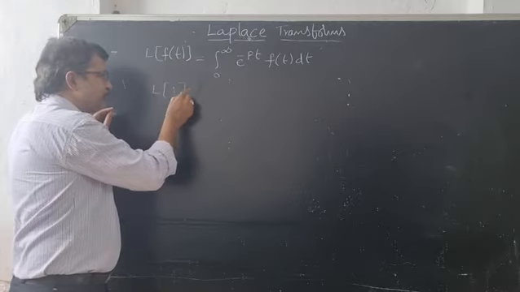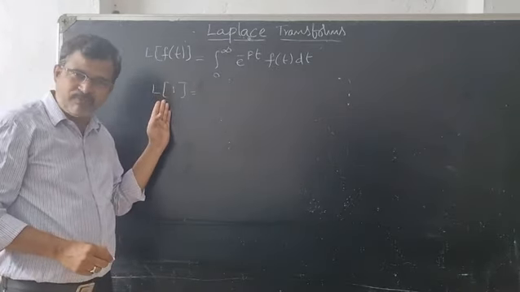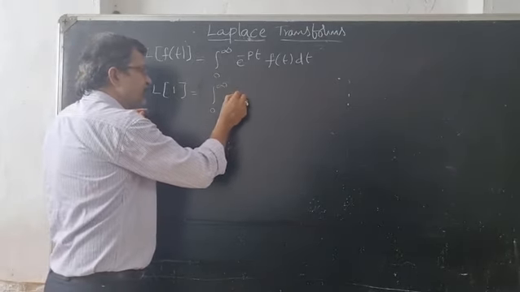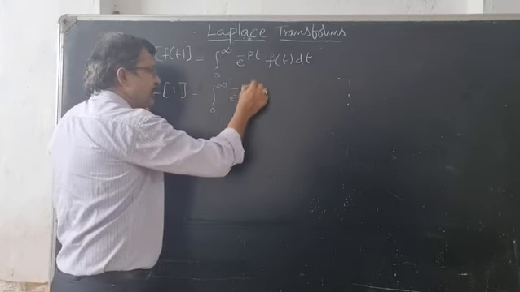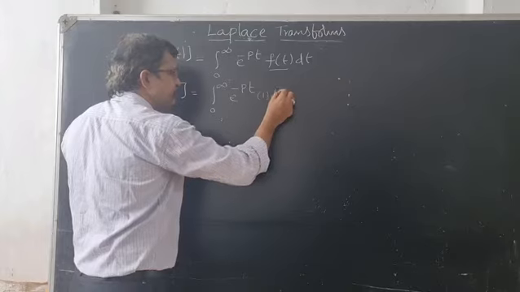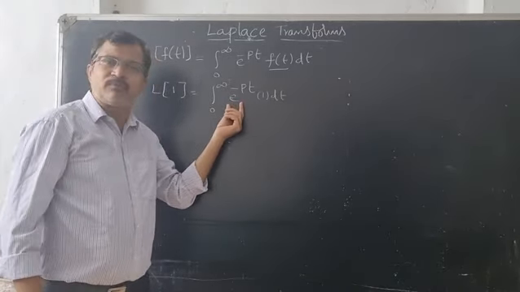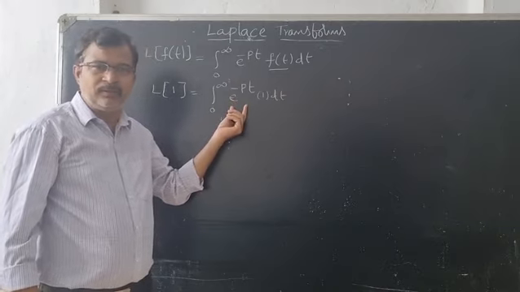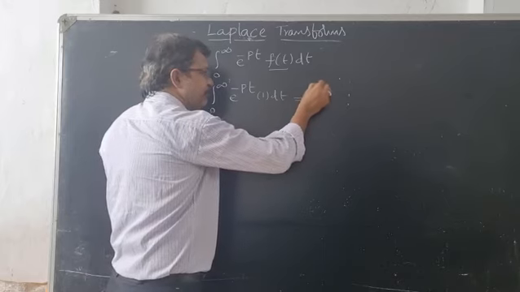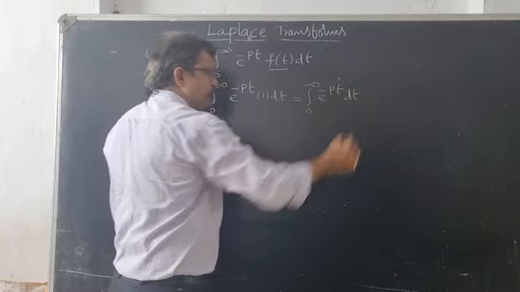Laplace of 1. In place of f(t), we write 1. Laplace of 1 is equal to the integral from 0 to infinity of e^(-pt) into 1 dt. This is the integral from 0 to infinity of e^(-pt) dt.